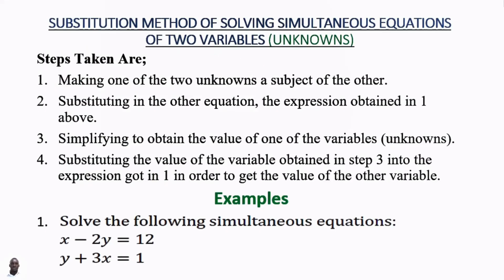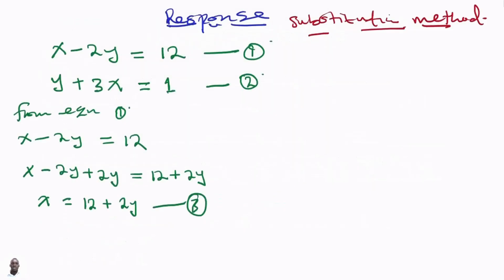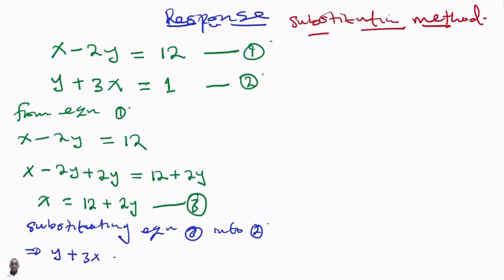Then step 2, so we have finished step 1, we got step 2. We are going to substitute. So we say that substituting equation 3 into equation 2. Remember, our equation 2 is y plus 3x equals 1.